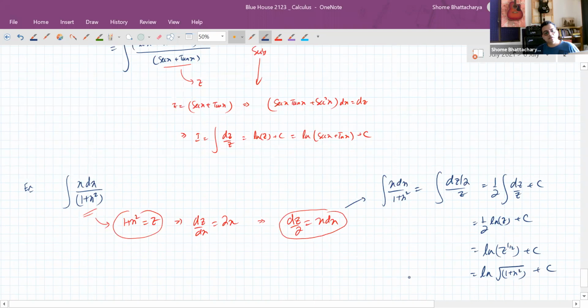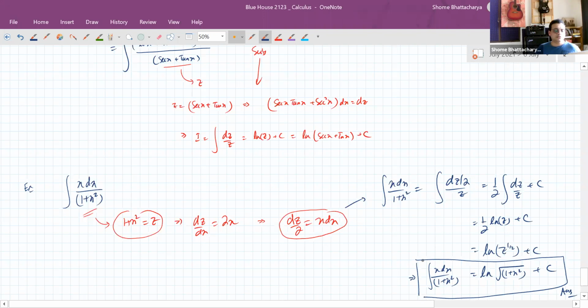So this integral is finally becoming like this. Whereas had there been a 2 in the numerator from before, it would have been ln of 1 plus x square.